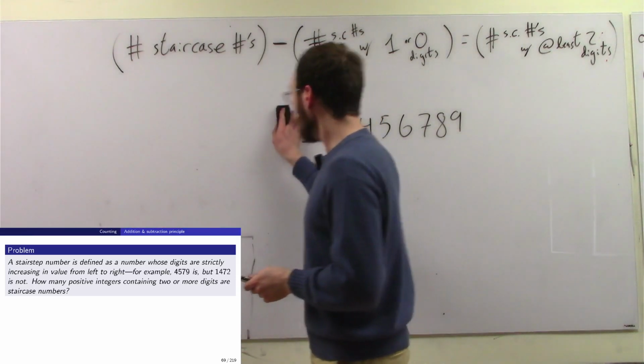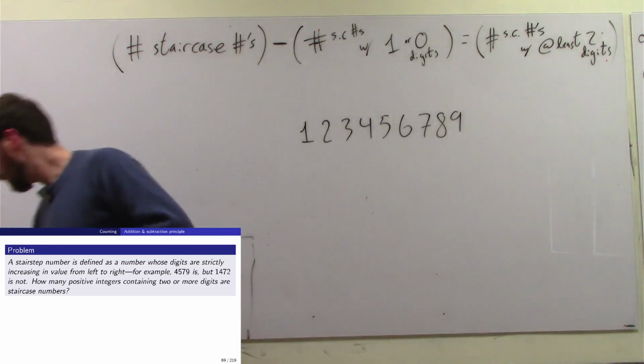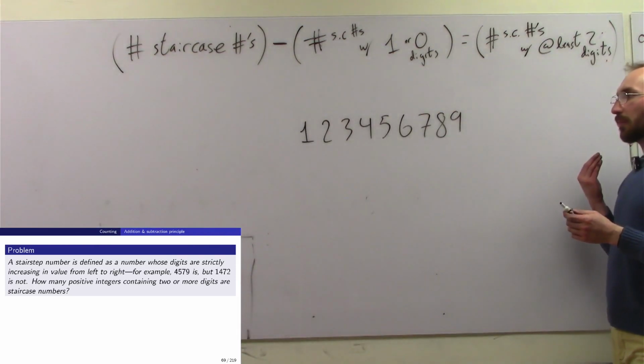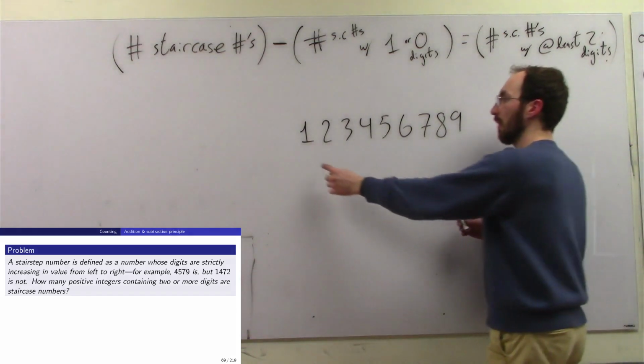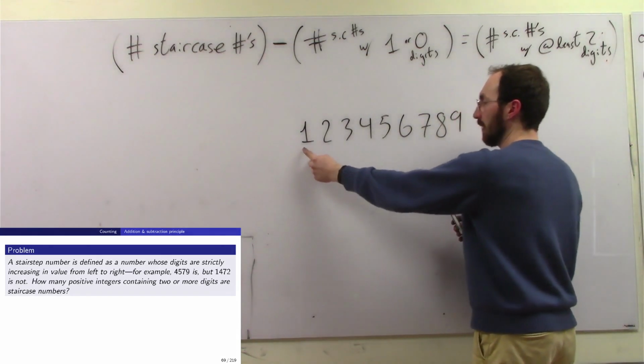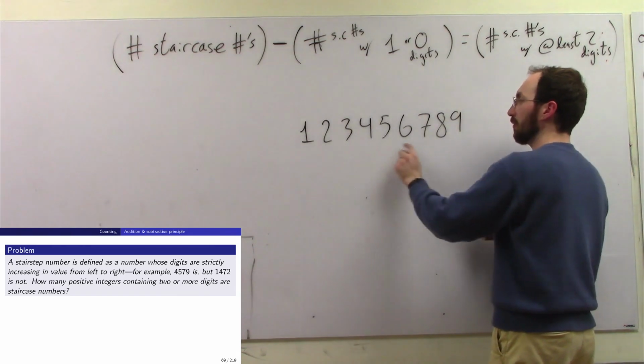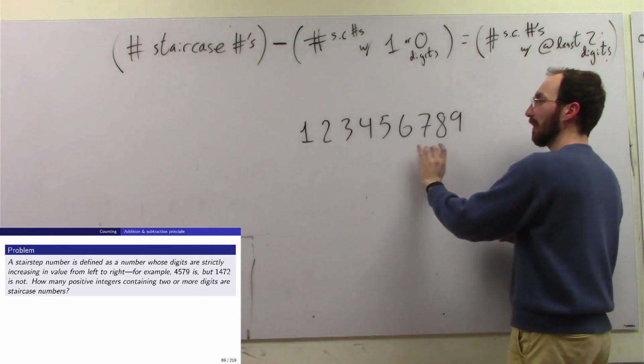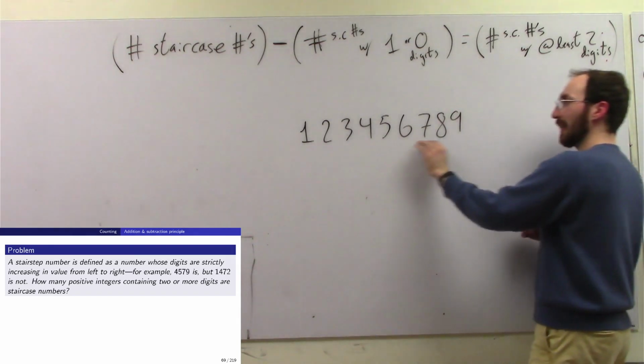Staircase numbers are always increasing sequences, so all we have to do is choose a subset of the numbers 1 through 9.